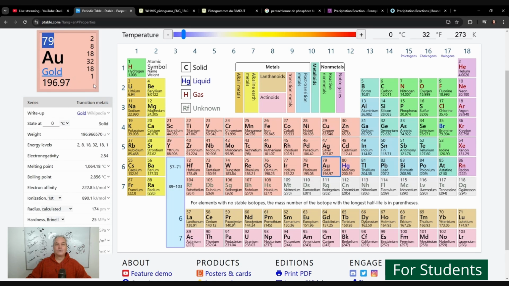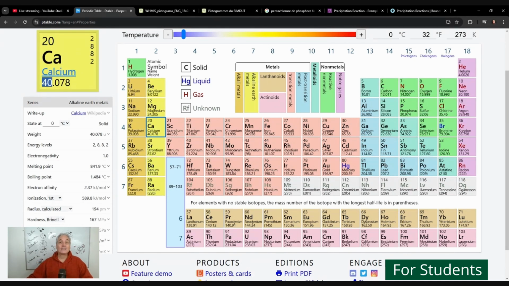The next one we have is what we call the atomic mass right here. The atomic mass is the average mass of all the isotopes of a specific element. So if you have, for example, 40.078, that means that most of the calcium isotopes have 40 as a mass number.